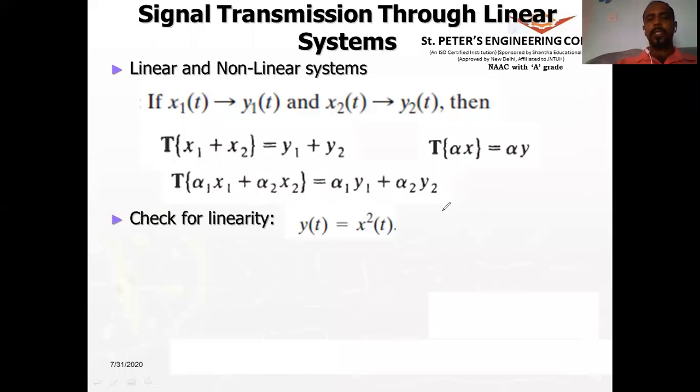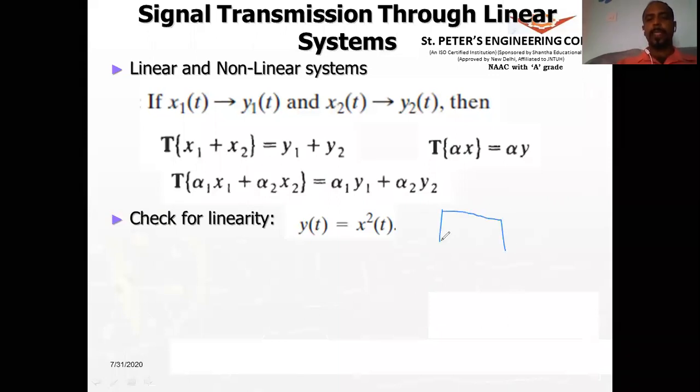If I represent this as a system, and I call this the T operator, which takes the input, here I'm showing the input and this is the output. So the input is the x of t signal. This is for a continuous time signal. If you are dealing with a discrete time signal, then the input will be x of n and the output will be y of n.